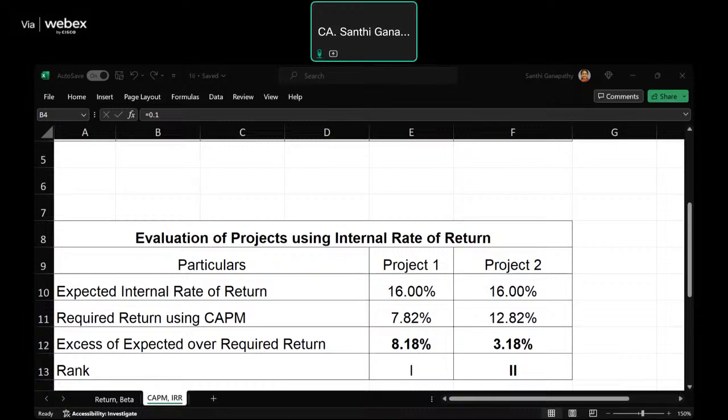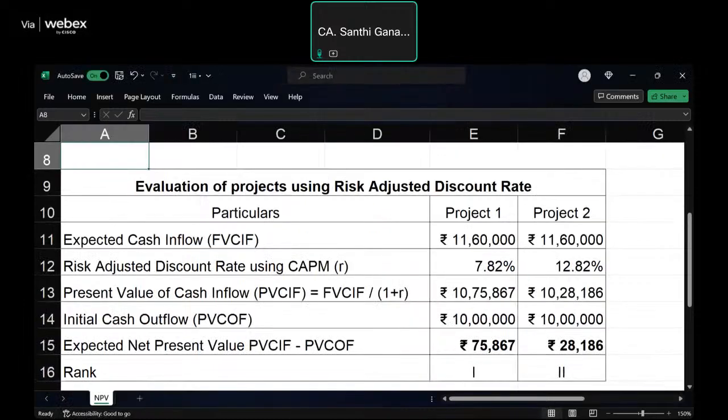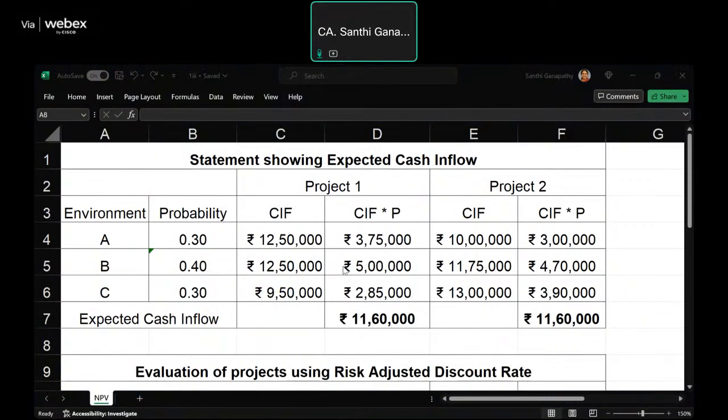Next, we are interested in net present value. Using net present value, how do we find it? We know the expected cash inflow to be 11,60,000.